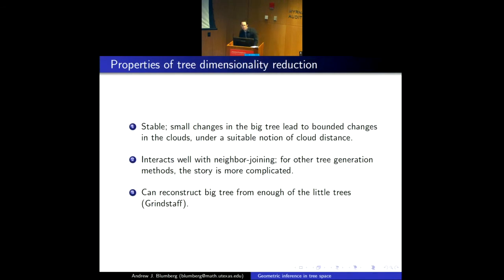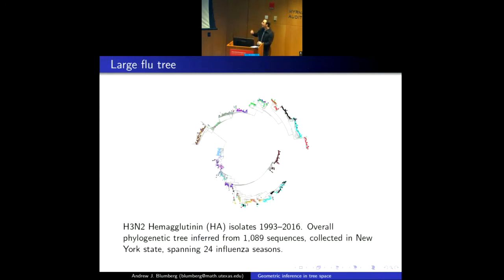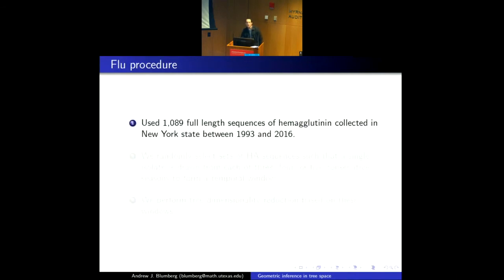Okay, so here's an example. This is not from cancer, but from the flu, but illustrates the technique nicely on a very large tree. These are hemagglutinin sequences, and this is maybe 1,000 samples taken from the flu in New York. As described, the tree dimensionality reduction procedure involves randomly subsampling from the leaves.